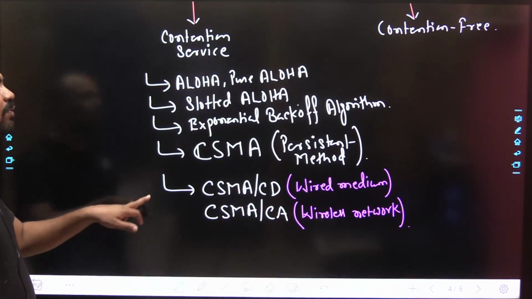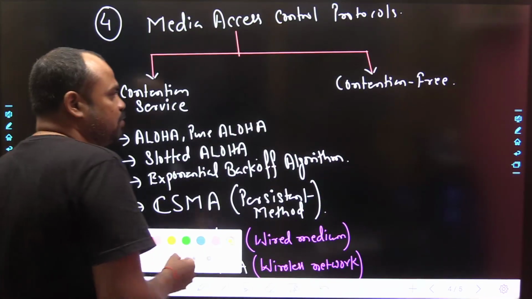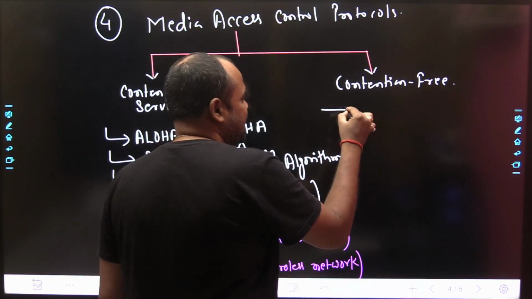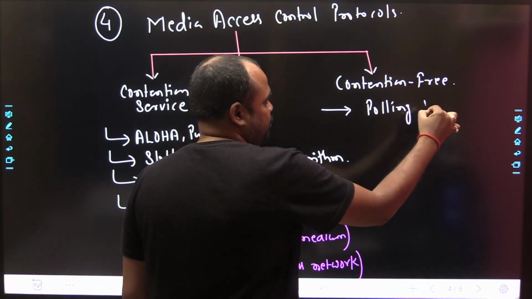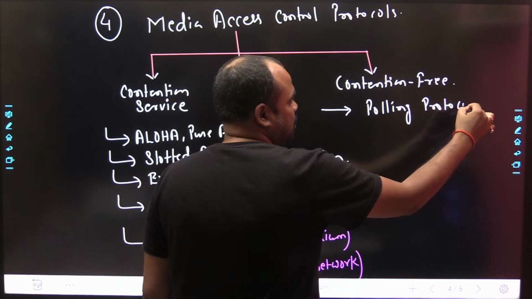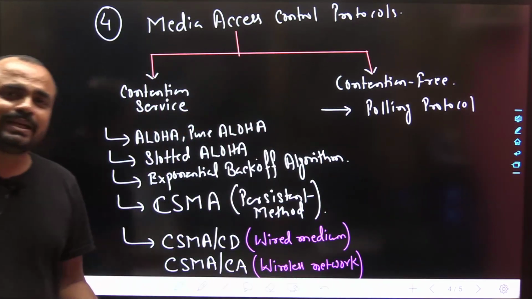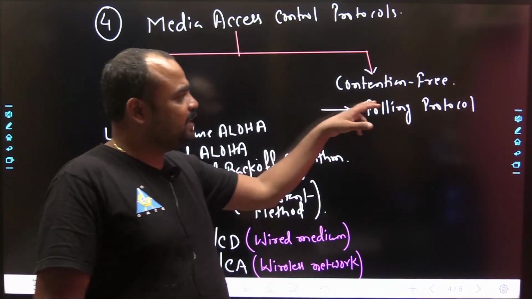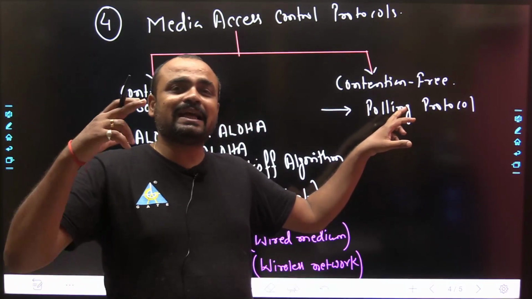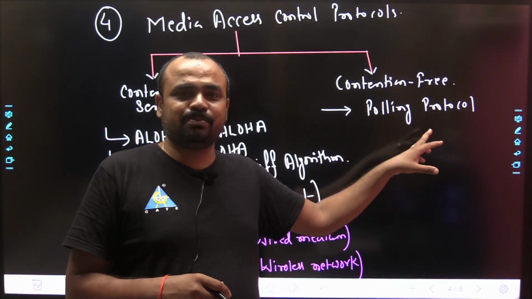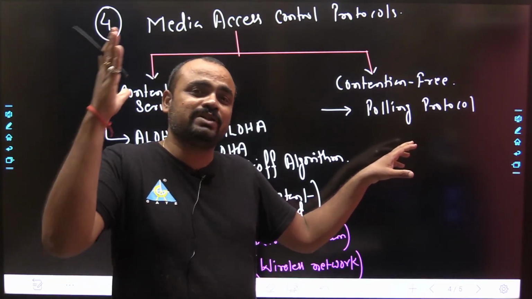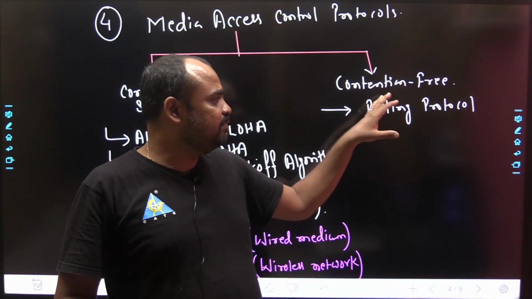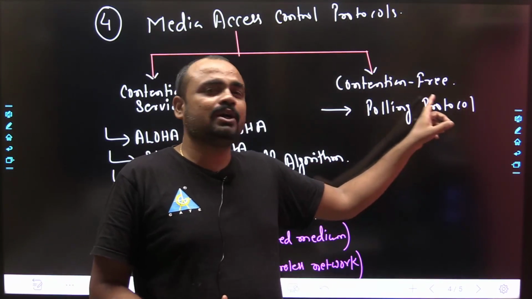Okay, now in contention free protocol there is only one protocol that we have to study, that is called polling protocol. Earlier the token ring was in our syllabus. There were two protocols earlier that we had to study, token ring and polling protocol, but token ring was removed from our syllabus in 2019, and that's why we will only learn about the polling protocol.